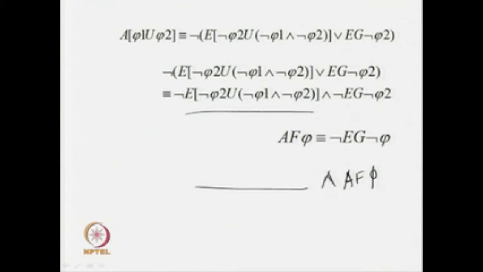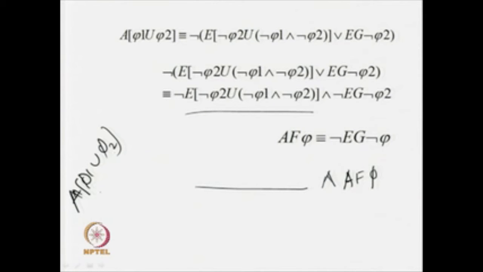Now, you just see that A phi 1 until phi 2 means phi 1 should remain true until phi 2 becomes true in all paths. On the other hand, what I can say is that in all paths, in some future state phi 2 must hold, and along with that it should satisfy that all other preceding states phi 1 must hold.